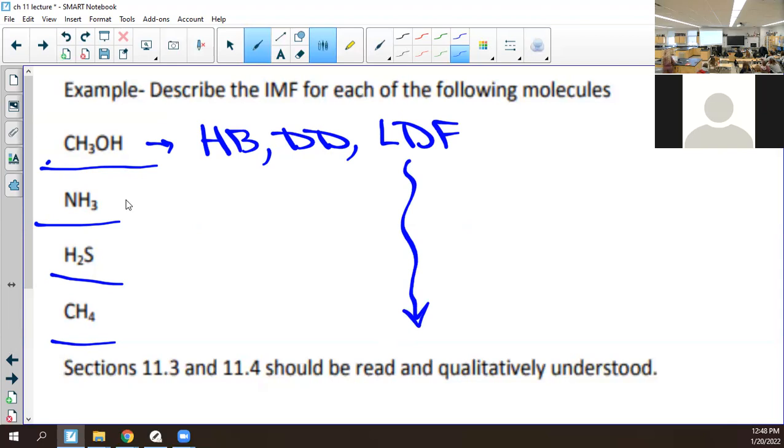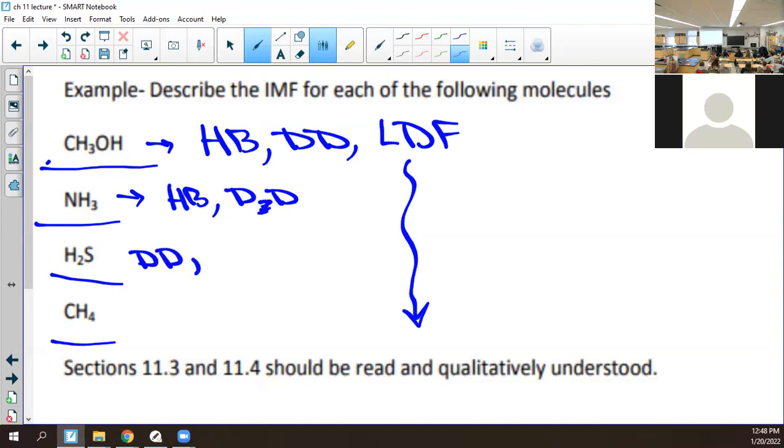Okay, NH3, what do I have? Hydrogen bonding. Dipole-dipole. LDF. H2S, what do I have? All right, is that it? Okay, we'd have to check on the polarity. I think it is polar. If you didn't put it, it's okay.